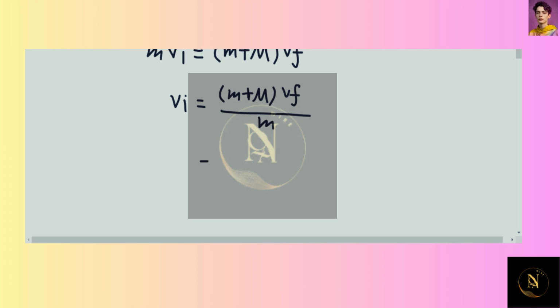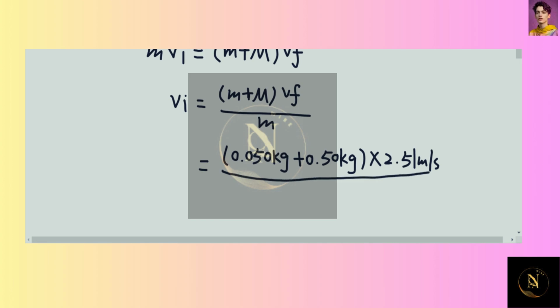And this will give us, we know the mass of the arrow plus the mass of the car is simply equal to 0.050 kilogram plus 0.50 kilogram, times 2.51 meter per second, over 0.050 kilogram.